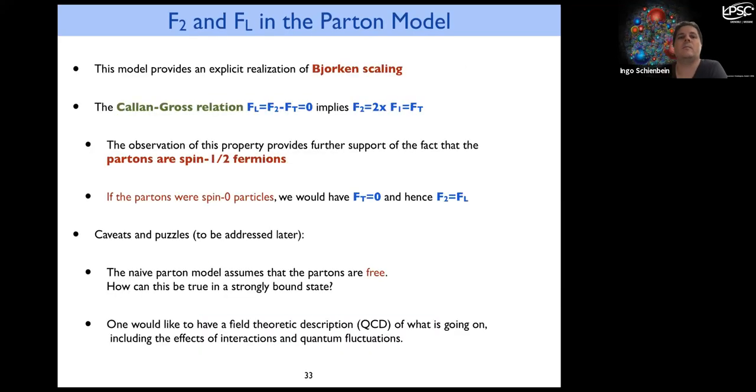And then there's a famous relation called the Callan-Gross relation, which tells us that F longitudinal, and as I said in the last lecture, F longitudinal is given by F2 minus F transverse, is equal to 0, which in turn implies that F2 is 2x F1, so F2 equals F transverse.